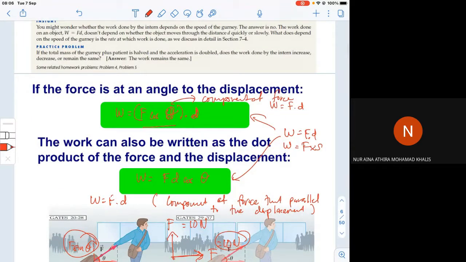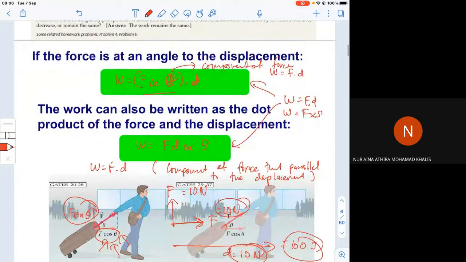Then again, we may have a situation where the force is at an angle. Normally when we discuss force, the force is along the same axis as the displacement. I know because I also teach tuition at the secondary level.